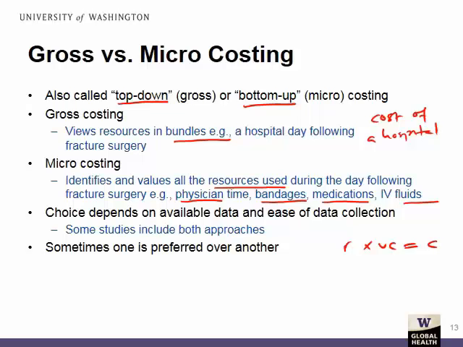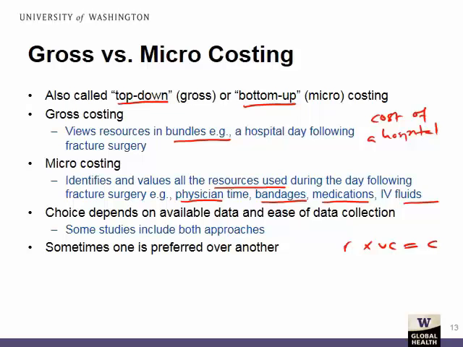If you use gross costing, you might underestimate the personnel time differences, because it will give you a cost of dialysis in general. But you really want to capture the personnel differences, because ambulatory peritoneal dialysis has no heavy personnel involvement, but hemodialysis is very dependent on clinicians to essentially execute. So it might be better in that case to use a micro-costing approach.